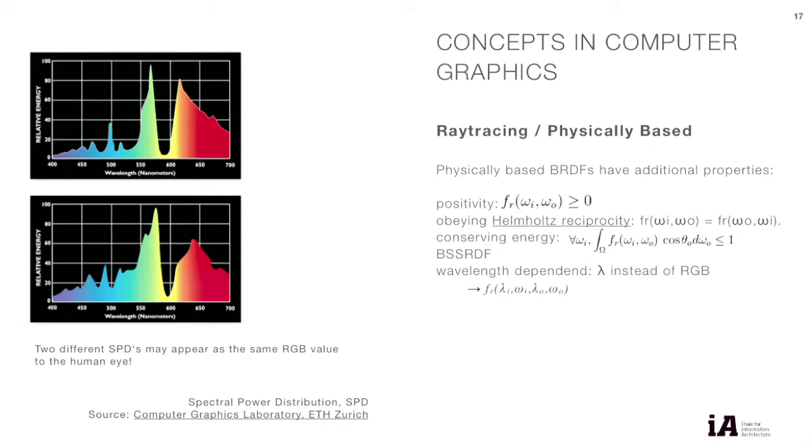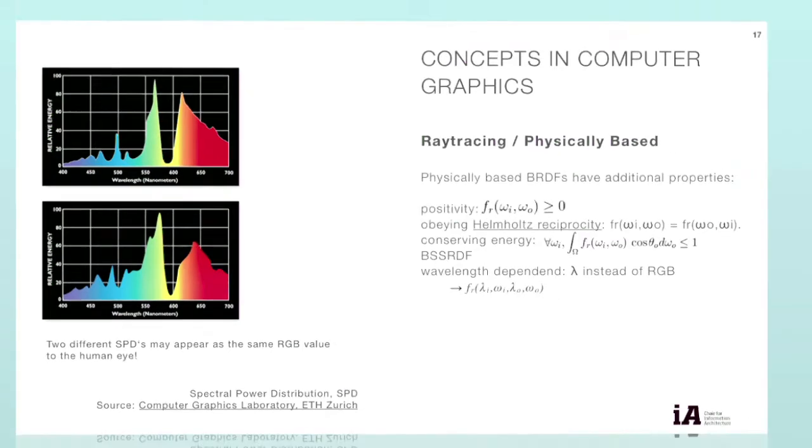if you want to be physically correct, you have to base your rendering algorithm on the wavelength, not just on RGB, because RGB is made for the human eye. So when we see a color, it's actually a spectral power distribution over a certain wavelength.